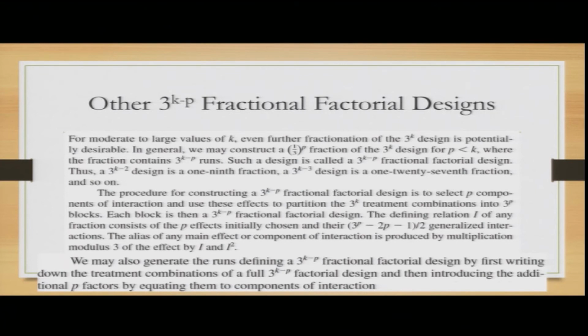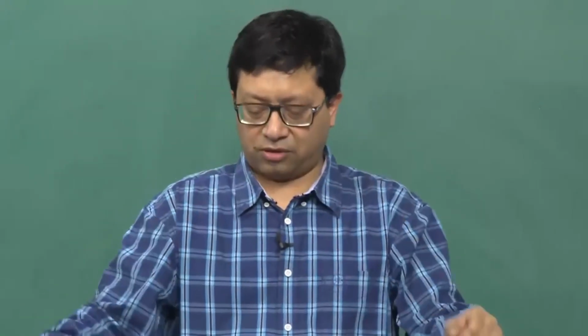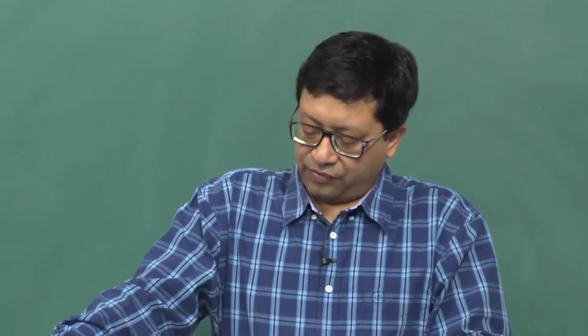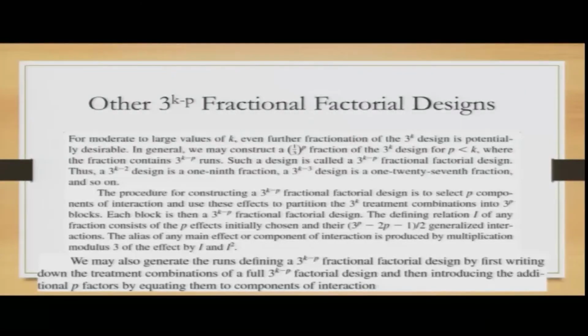The procedure for constructing the 3^(k-p) fractional factorial is to select p components of the interaction and use these effects to partition the 3^k into blocks such that the effects come out to be the maximum. The defining relationship of the design consists of p effects initially chosen in such a way.